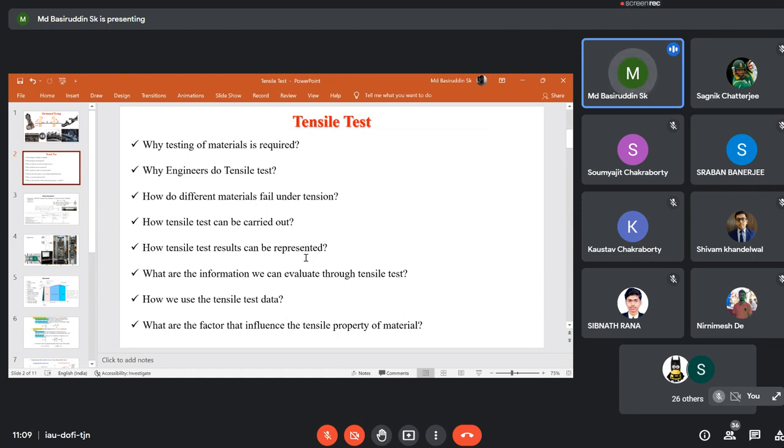So how can you plot the data that you have got, how will you represent your data such that you get a lot more information about that particular material? Though I have said it several times, can you please repeat how you can represent your data?